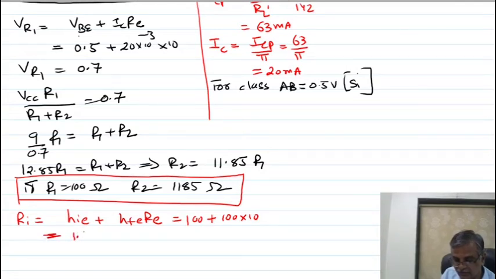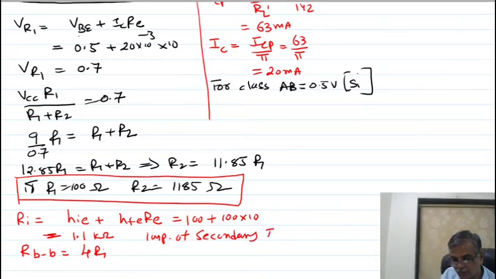Here 1.1 kilo ohm. You know secondary impedance is RBB, 4 Ri, therefore impedance of secondary of input transformer 4 into Ri, 4.4 kilo.